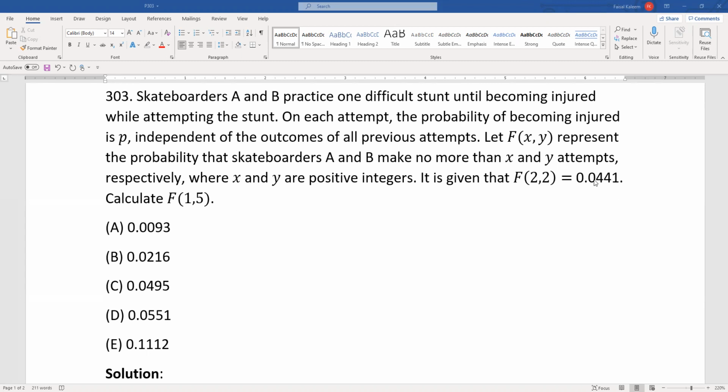Now F22 is the probability that A makes no more than 2 attempts and B makes no more than 2 attempts. And since everything is the same for A and B, let's just focus on one of them.